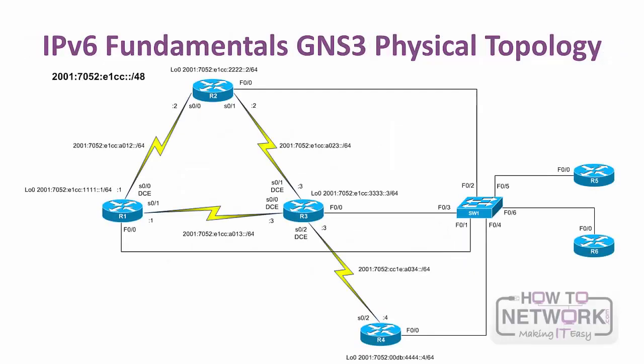This is our GNS3 common physical topology for this course. Please note the routers R5 and R6, and we will explain their role in the next slide. LiveRack uses 1841 routers, while we are running 3725 routers in GNS3, so bear in mind the difference in serial interface numbering.